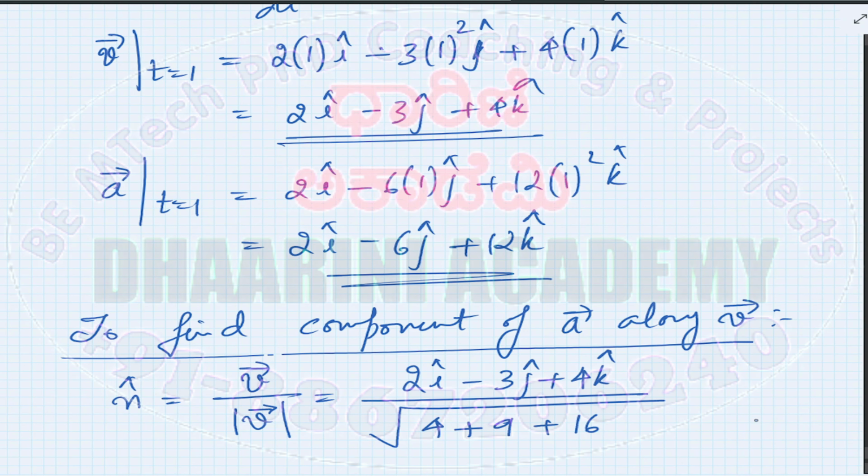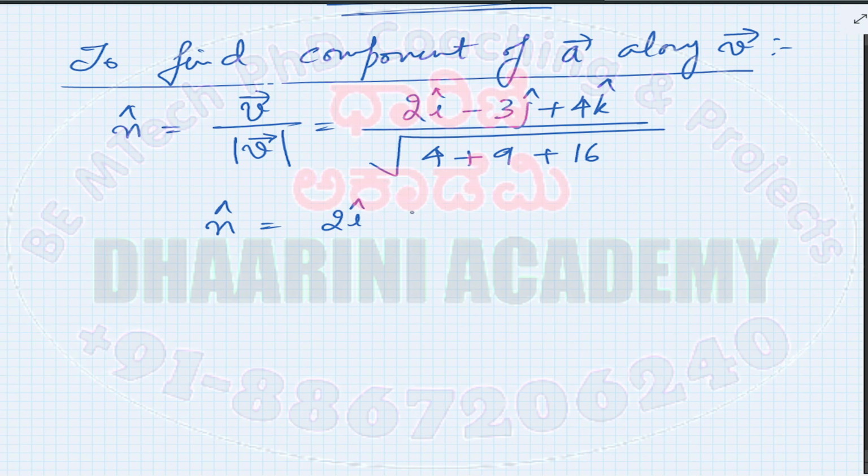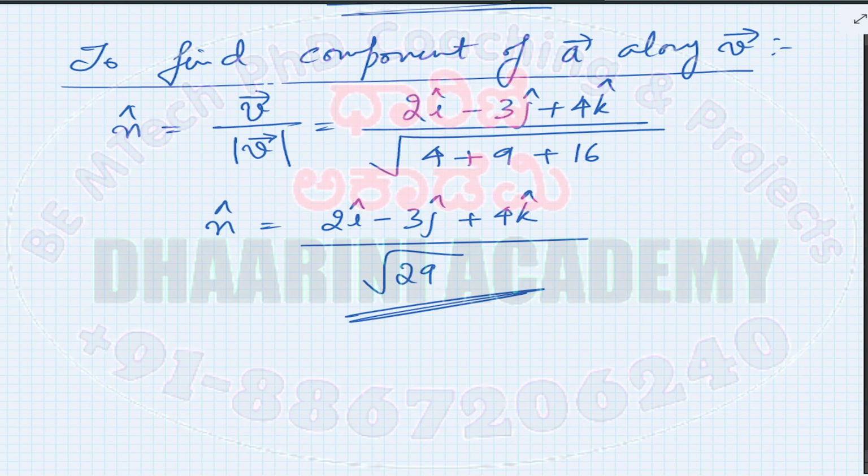Therefore, n cap is equal to 2 i cap minus 3 j cap plus 4 k cap divided by root of 29.